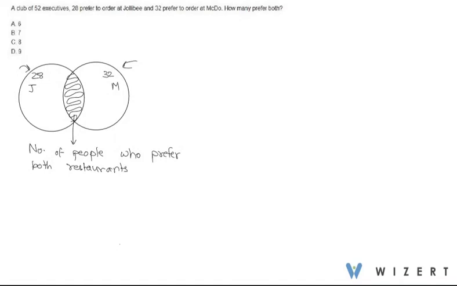This overlap part has been considered in 28 as well and 32 as well. Okay, now it is given that the total number of executives is equal to 52. Now if we consider this overlap part, that is the number of people who prefer to order at both, as x, we can try to form an equation to solve this.